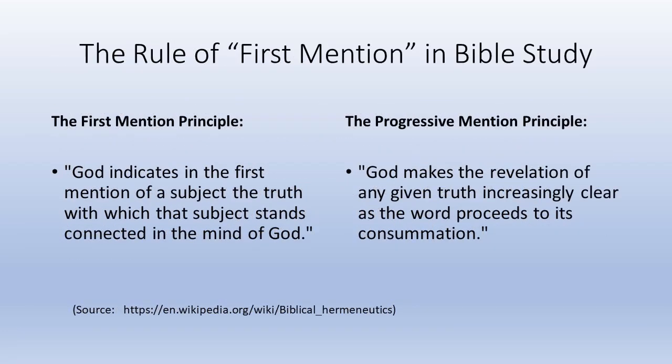The rule of first mention, the principle is God indicates in the first mention of a subject the truth with which that subject stands connected in the mind of God.